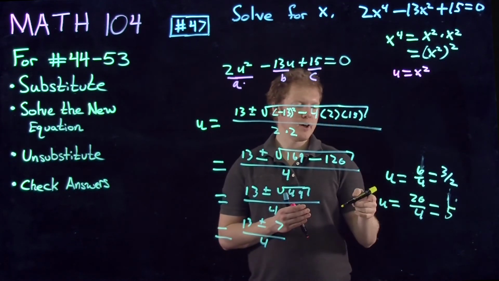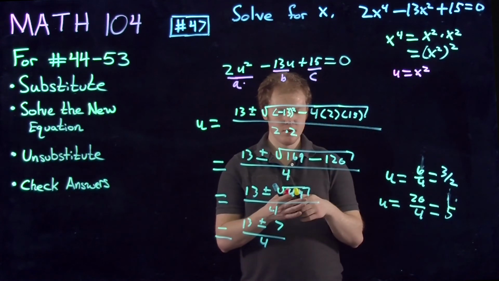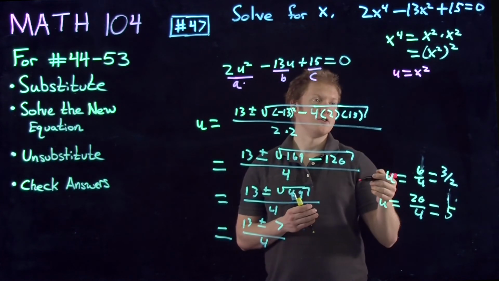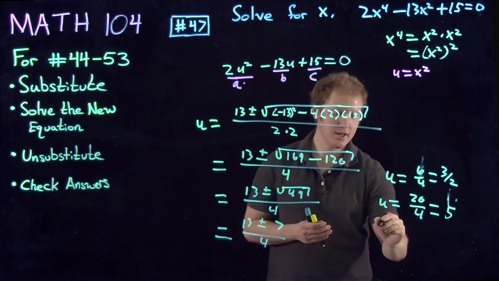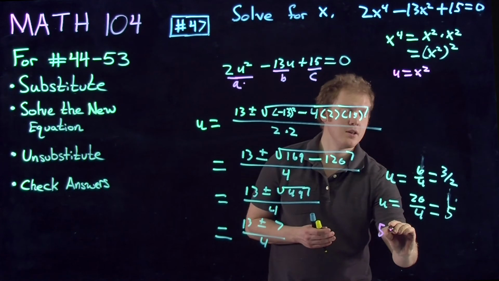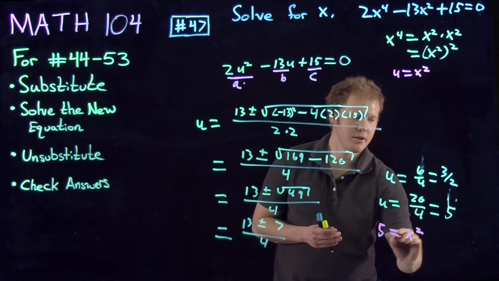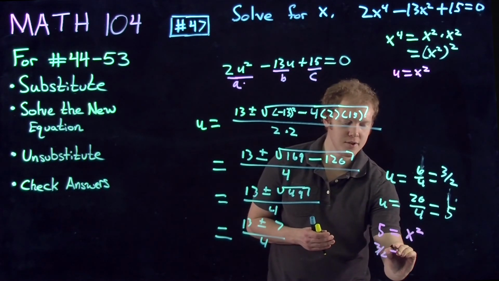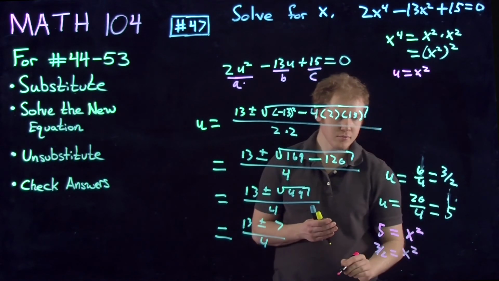Now with these two values of u, we can undo the u substitution. So we then get 5 equals x squared, and then 3/2 equals x squared.